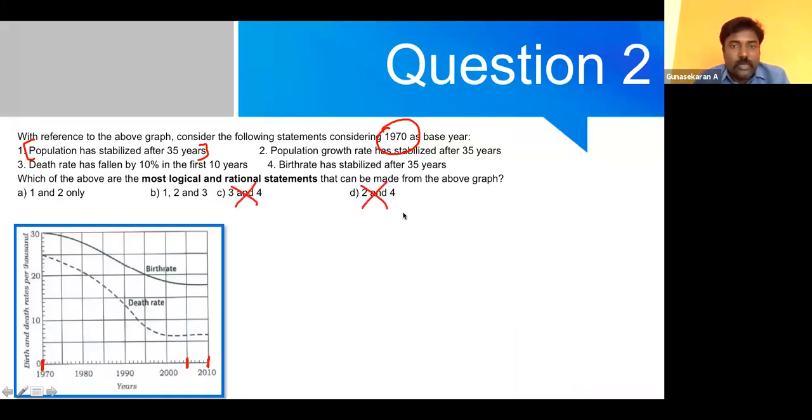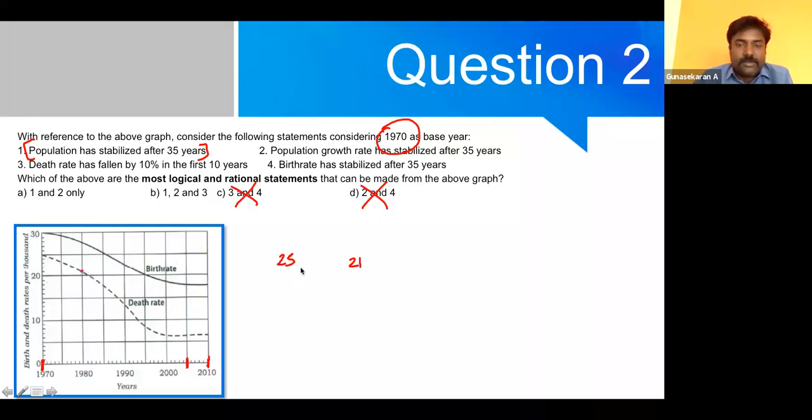So one is true, so these two are not possible. Options 1 and 2, or 1, 2, and 3. So the second statement you need not see. The third statement alone you have to check, whether it is right or wrong. Death rate has fallen by 10% in the first 10 years. From 25, it becomes 21. Right?